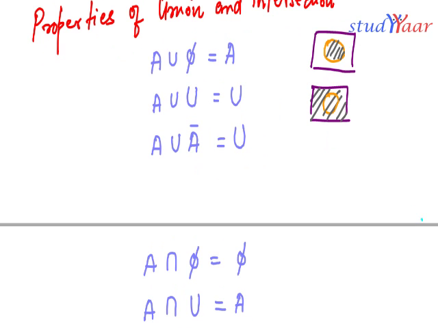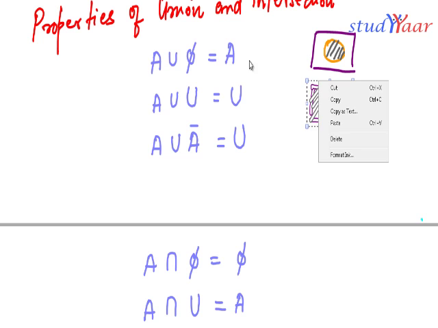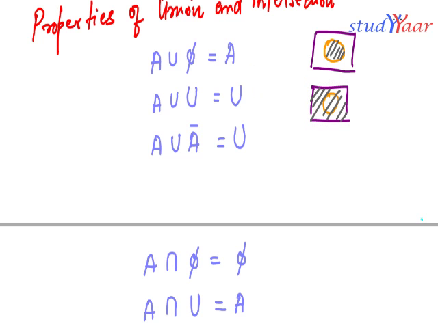Same concept I have over here: A union complement of A. Let us see how we represent it in a Venn diagram. So this is my Venn diagram. Here I have A, and everything outside is complement of A. Just look at this.